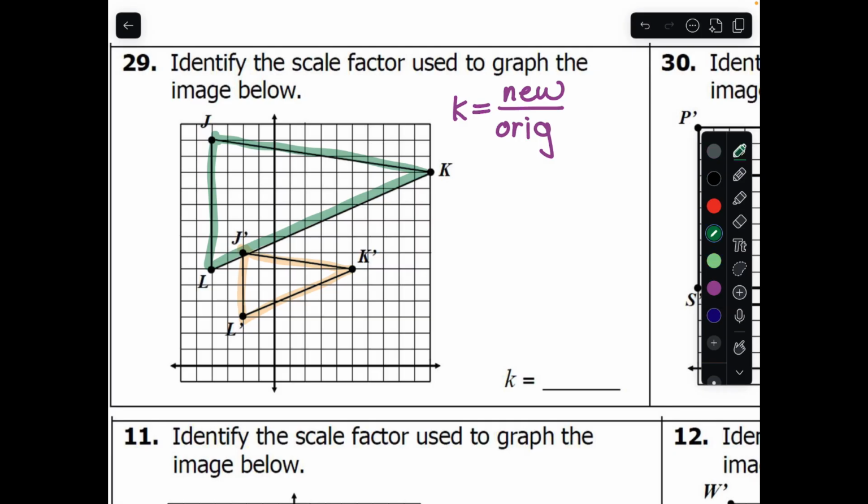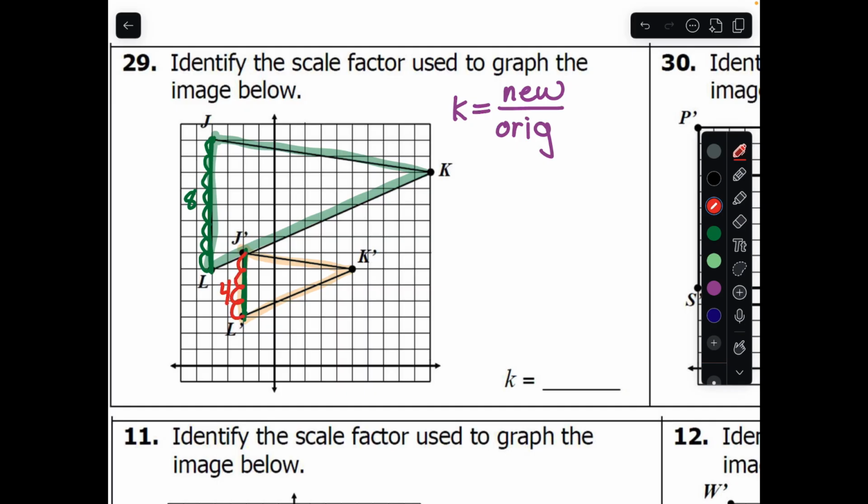So the first thing I notice is that we have the sides for JL and for J prime, L prime. So we can count these to get our ratio for the scale factor. For JL, the original one, we have 1, 2, 3, 4, 5, 6, 7, 8. This side length is 8. And then for the new one, we have 1, 2, 3, 4.